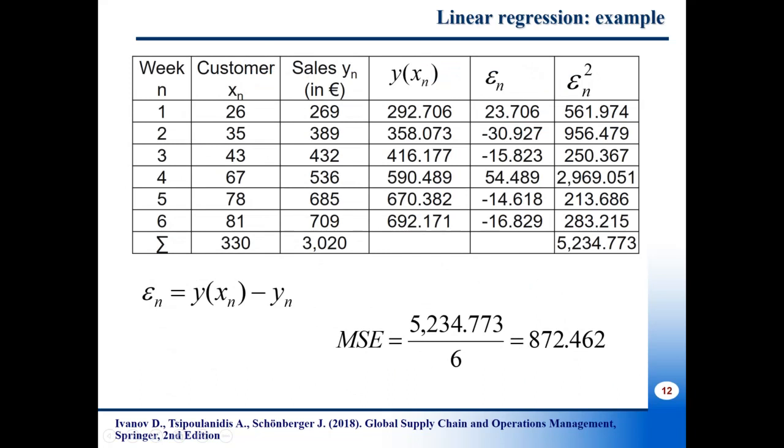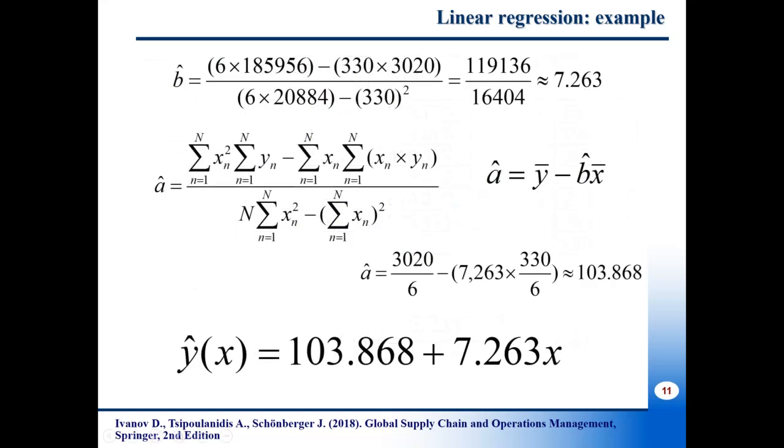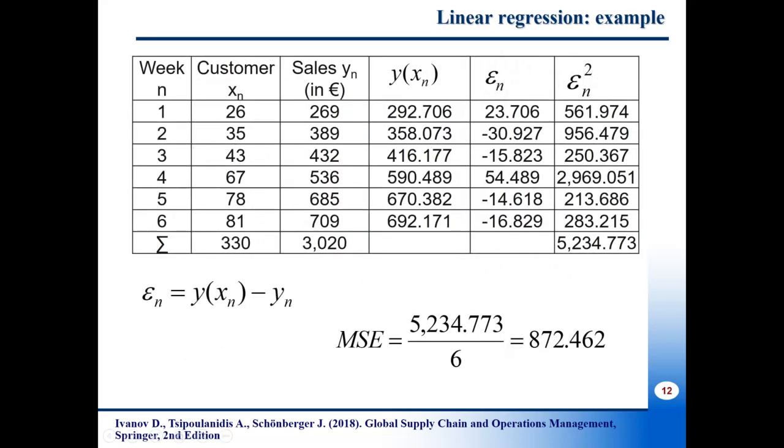And also the fourth column of this current table, yxn, is obtained by employing this model, changing x with the values of 1 to 6, and we have the following values, right?